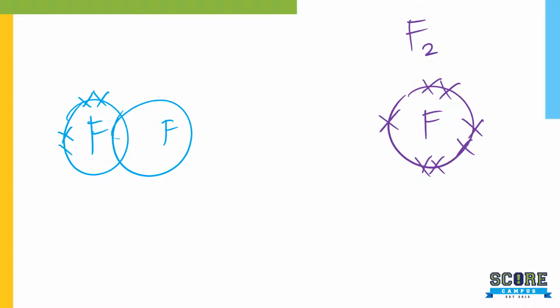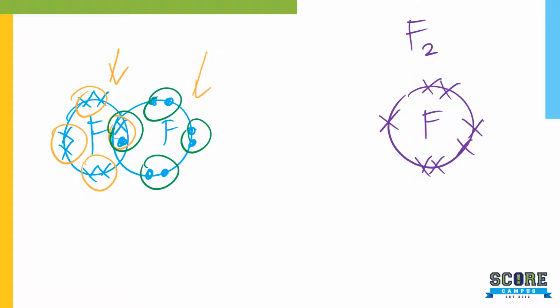So it has 3, 4, 5, 6. Shares 1 over here. And then this fluorine is 1, 2, 3, 4, 5, 6. Shares 1 over here. So this fluorine on the left, you have 2, 4, 6, 8. This fluorine here, you have 2, 4, 6, 8. So 8 electrons for each atom, and they are happy.